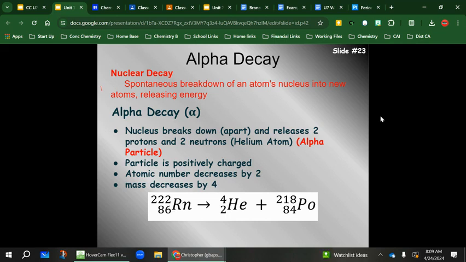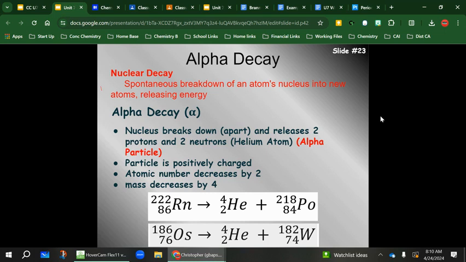This number plus this number has to equal that one. Yes, absolutely correct. Questions? Okay? All right. So this is what is called alpha decay. Here's another example. Osmium 186 undergoes alpha decay.